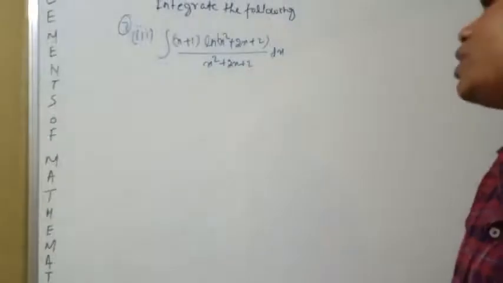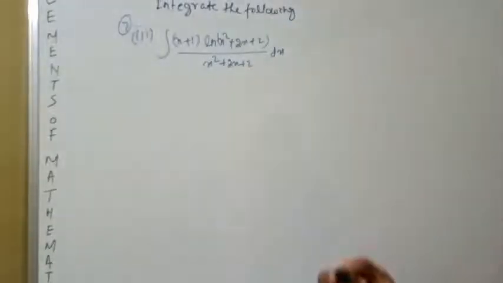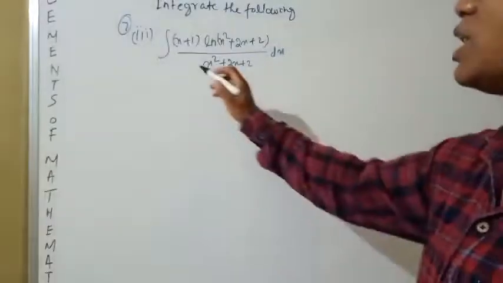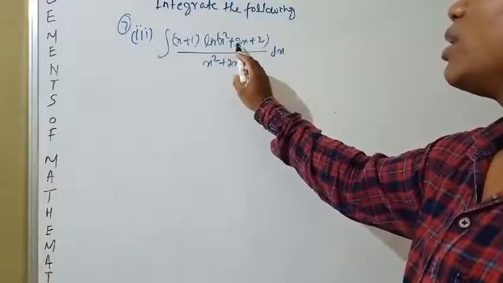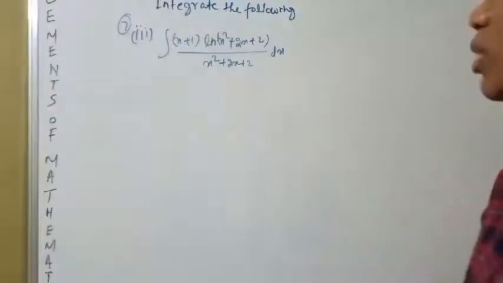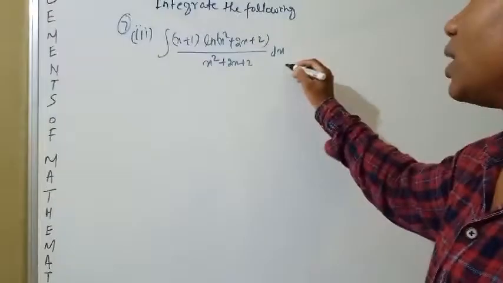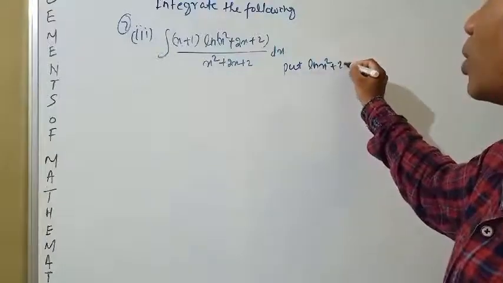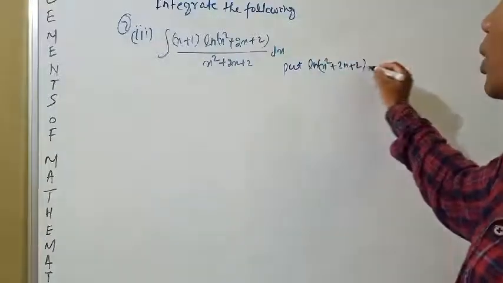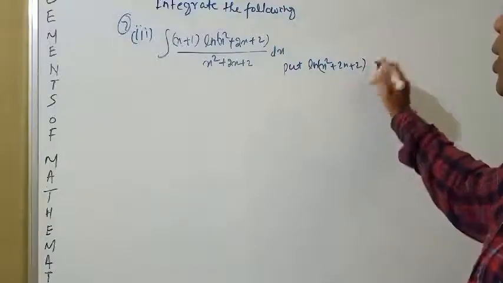You see question number 3, 7 number bit 3. The question is given integration of x plus 1 ln x square plus 2x plus 2 by x square plus 2x plus 2 dx. Now you put ln x square plus 2x plus 2 is equal to t.